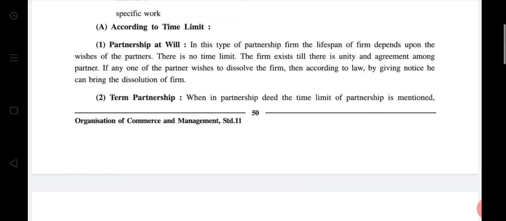As I told you, there is no time limit. The firm exists till there is unity and agreement among the partners. If any one of the partners wishes to dissolve the firm, then according to law, by giving notice, he can bring about the dissolution of the firm.